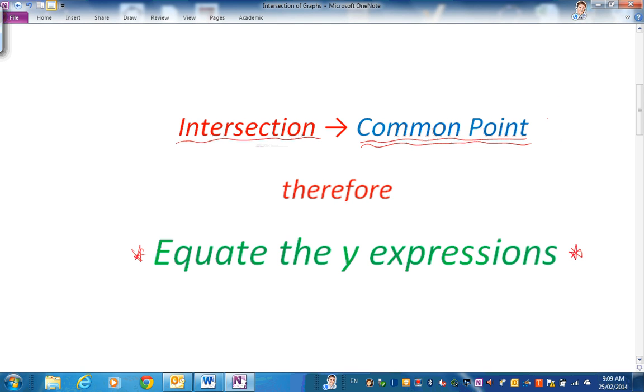The common point will share an x and a y. So if we work on the y's, you could work on the x's, but of course why do we work on the y's? Because usually we write it explicitly as a function in x, like y equals, and here's another one, let's say y equals neg x squared. So that's why we equate the y's.